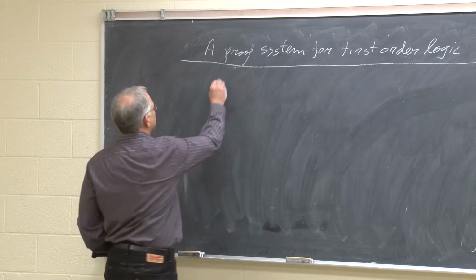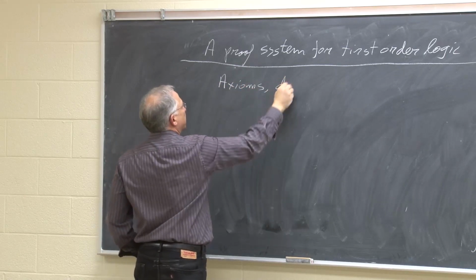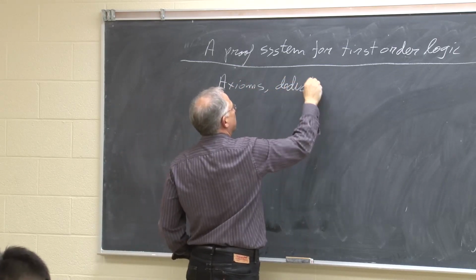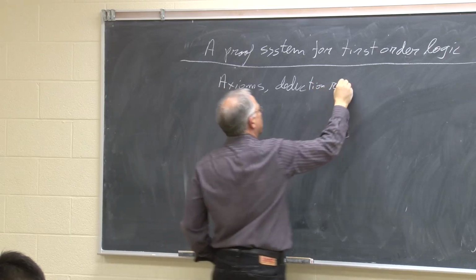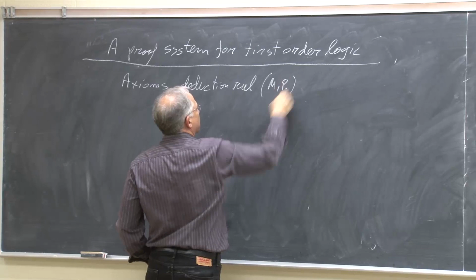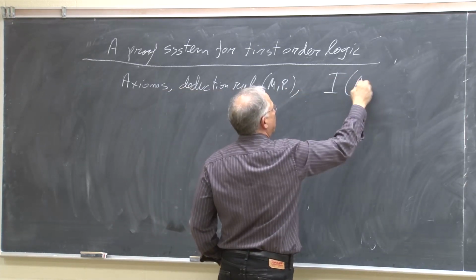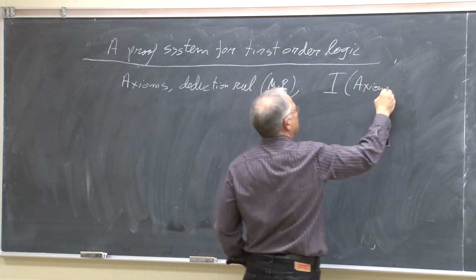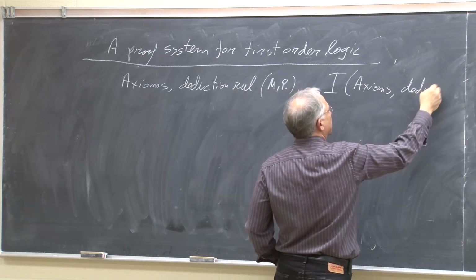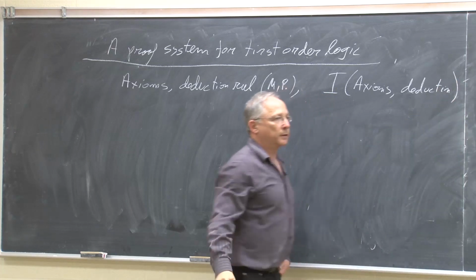So we will have axioms and a deduction rule, which is going to be modus ponens again. And then we are going to look at the inductive closure of axioms under deduction, just like we did in propositional logic.